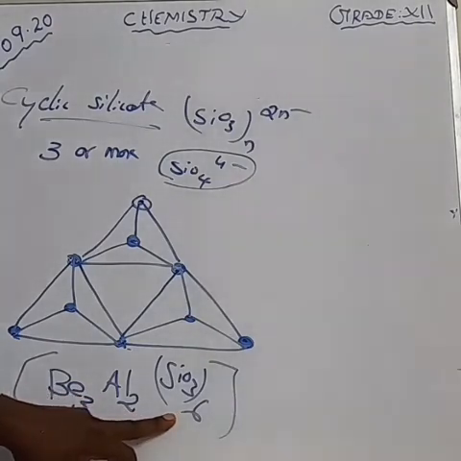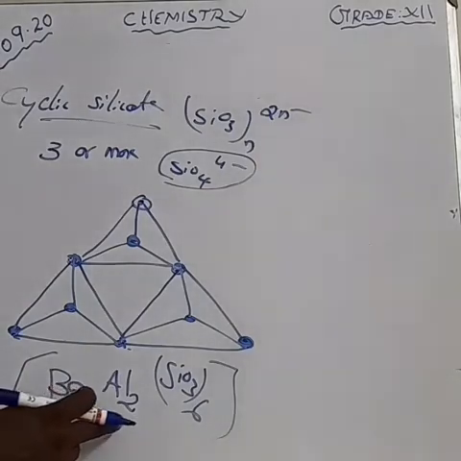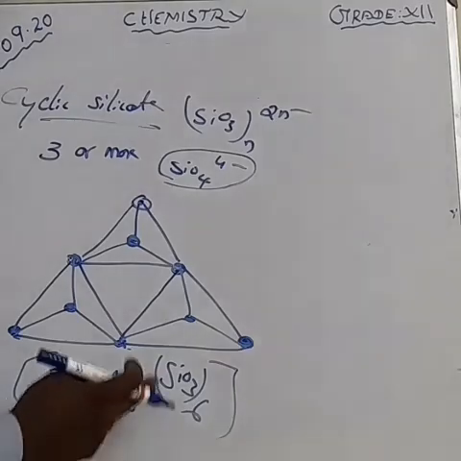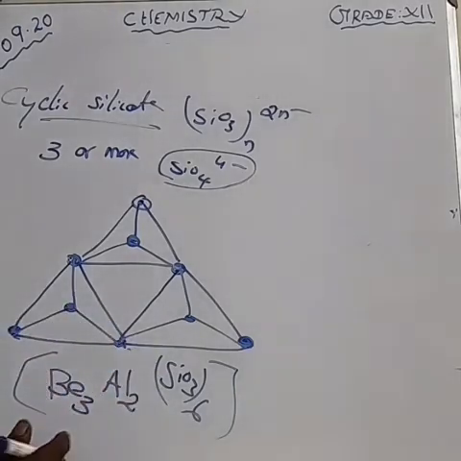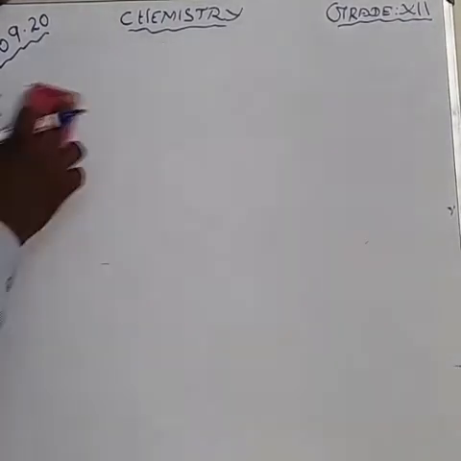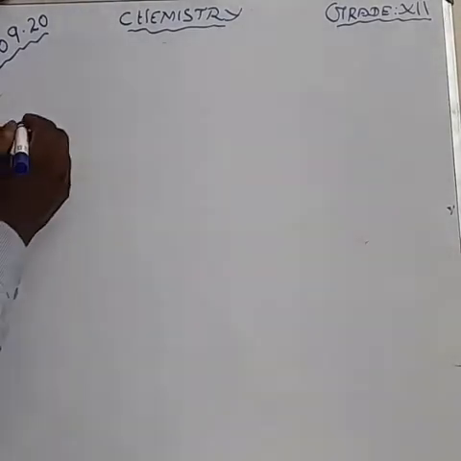Here, aluminium is surrounded by 6 oxygen atoms octahedrally. Where is aluminium placed? Aluminium is surrounded by oxygen atoms octahedrally. Okay? The next one is inosilicates.